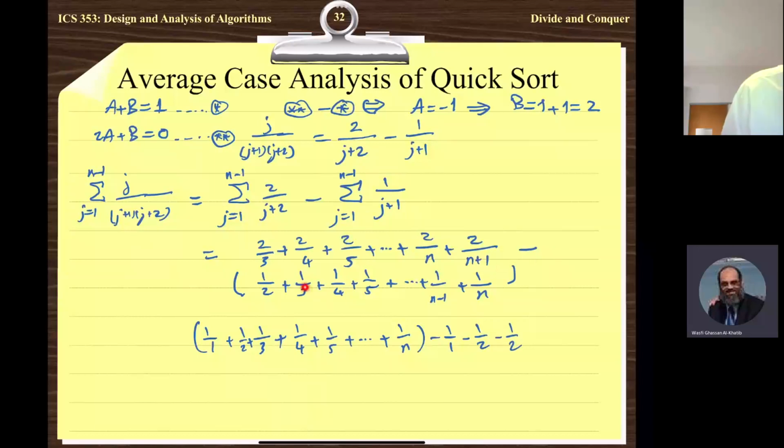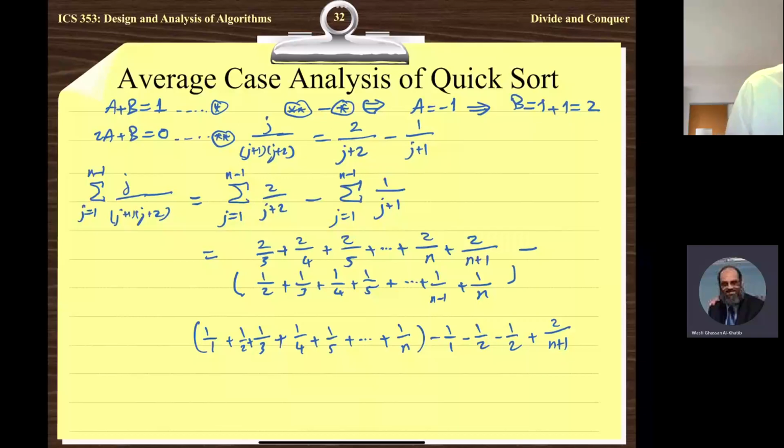Because I started with 1 over 3, right? 2 over 3 minus 1 over 3, 2 over 4 minus 1 over 4. So 1/2 minus 1/2, I need to bring the minus 1/2. But what else? All these have been included until 2 over n, right? So what is left is plus 2 over n plus 1. So let me add plus 2 over n plus 1.